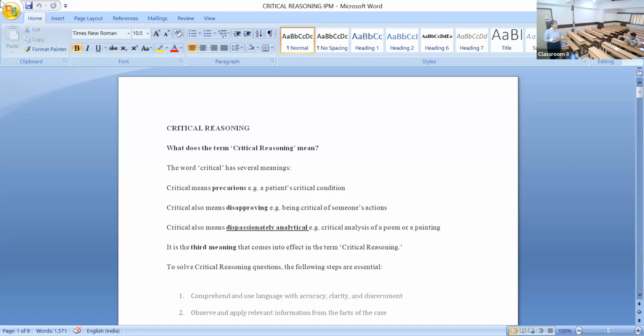Okay, so here we are starting with critical reasoning today. Radesh, take out your notebook. Rahul, please switch on your camera. Oh, there are two files. So what do we do?